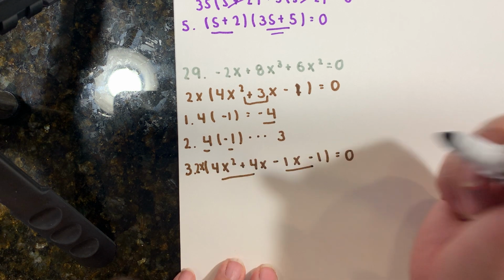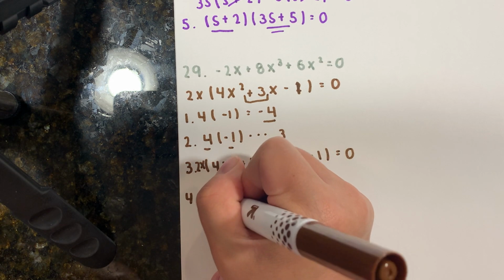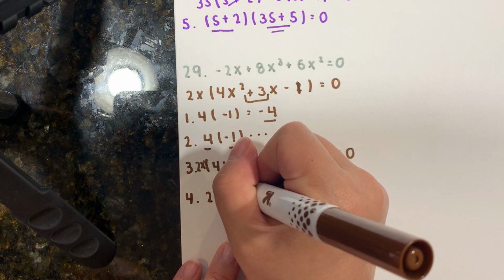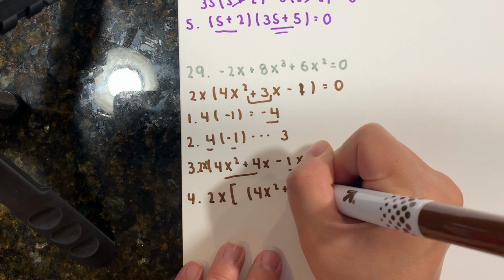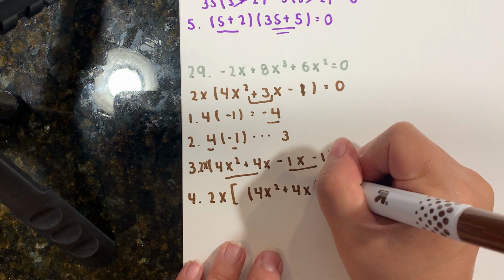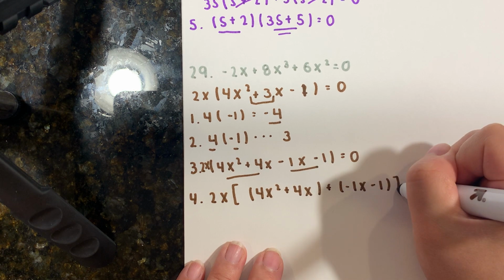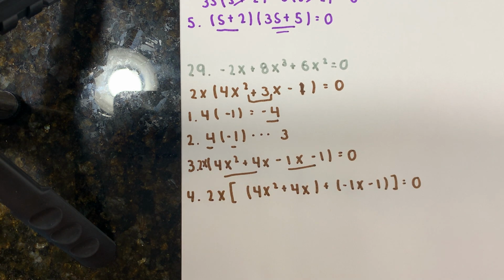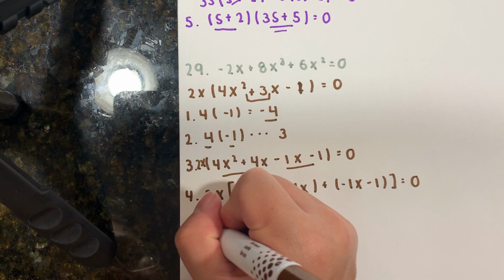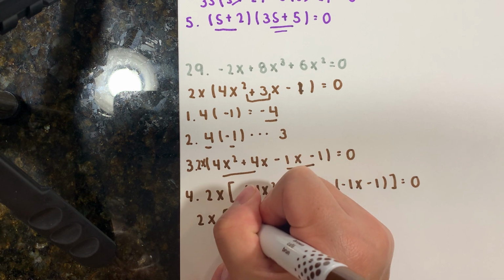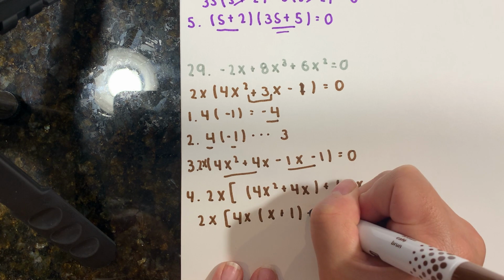First parenthesis, second parenthesis. Don't forget your 2x on the outside like I did. So now I notice that both of those are divisible by 4 and an x, leaving me with x plus 1 in parentheses.